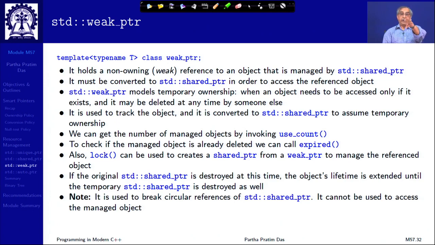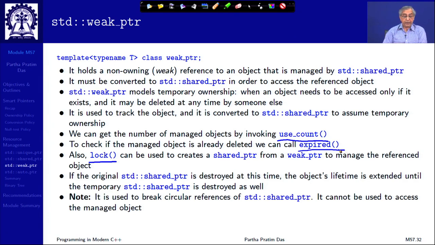You can take a weak pointer and convert it to a shared pointer and access the object, right. For that a particular function is given, called lock. If you do lock on a weak pointer, it gives you a shared pointer and you can use that shared pointer. Like in shared pointer, weak pointer also will give you the use count, which is the number of weak pointers pointing to this object.